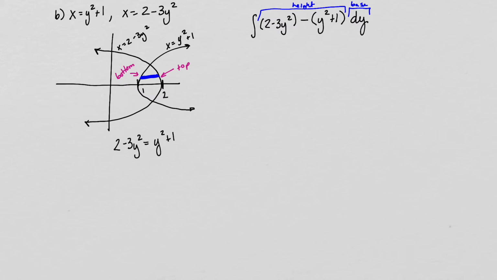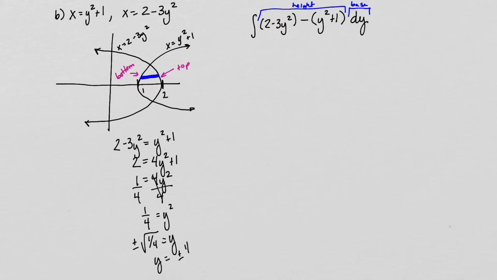If I bring all the y squared over to the right-hand side, I'd have 4y squared plus 1 equals 2. Subtract 1 from both sides. So 1 is equal to 4y squared. Divide everything by 4. y squared equals 1/4. So y is going to be plus or minus the square root of 1/4, or y is plus or minus 1/2. So we're going from minus 1/2 to positive 1/2.